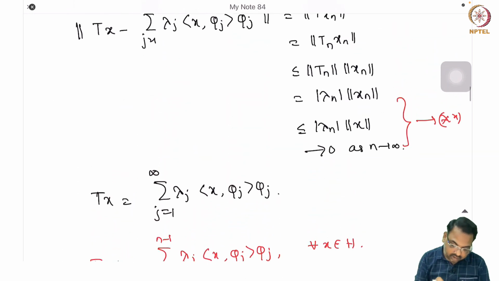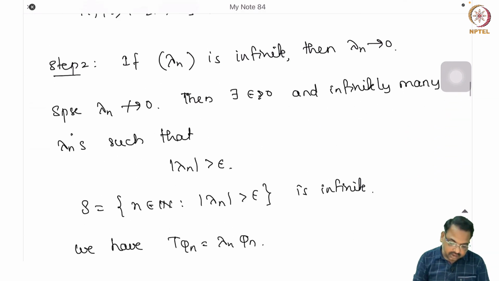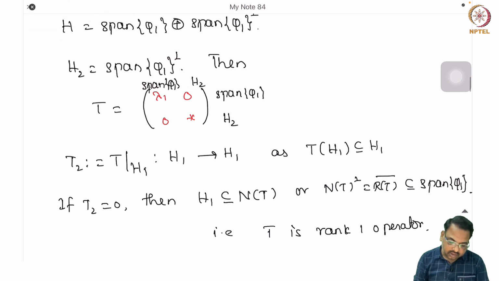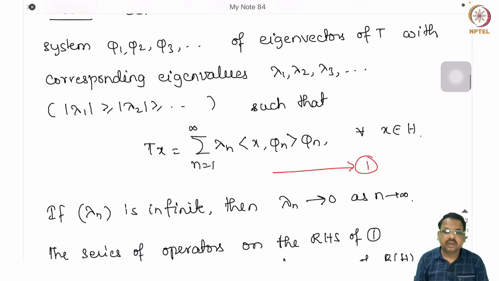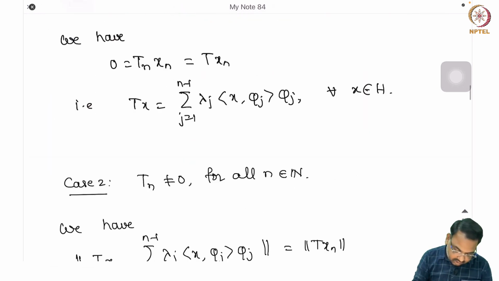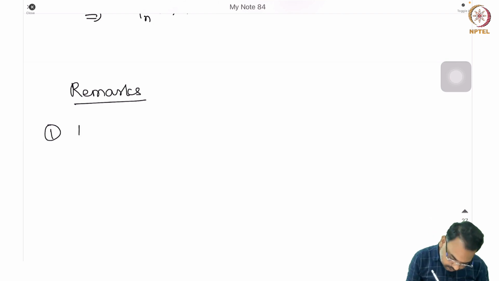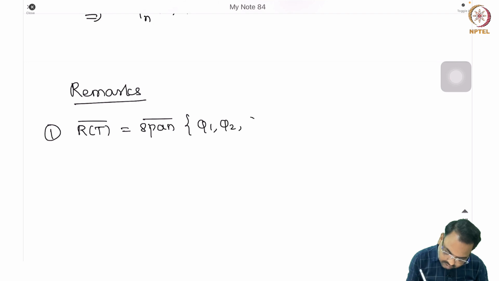The first one says that when you look at the representation of T, that is nothing but Tx is the summation n equal to 1 to infinity of lambda_n inner product of x with phi_n multiplied by phi_n. So we can say that the left hand side element is an element of the range of T and the right hand side is the closure of span of phi_n. So we can say that the closure of the range of T is nothing but the closure of the span of phi_1, phi_2, phi_3, and so on.